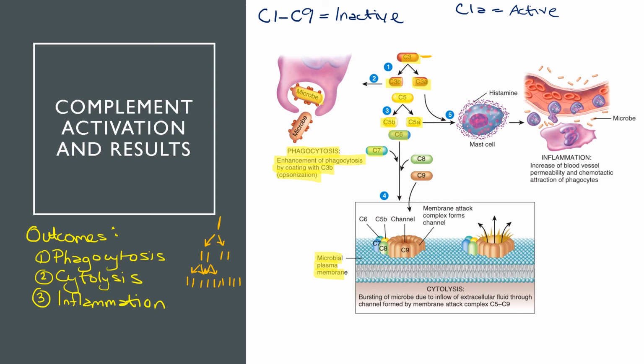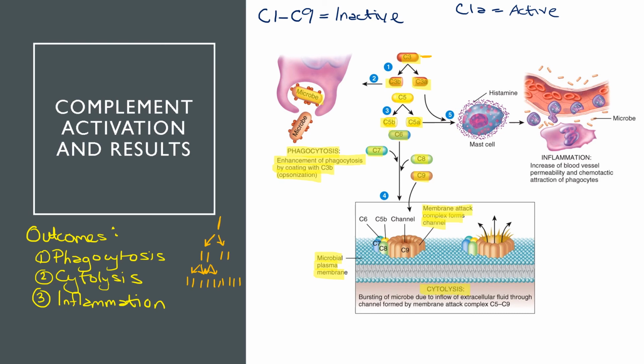Then C8 and C9 molecules will join the other complement proteins, and together they're going to form this cylinder-shaped membrane attack complex, which is going to insert into the plasma membrane. The membrane attack complex creates channels or pores in the plasma membrane that results in cytolysis.